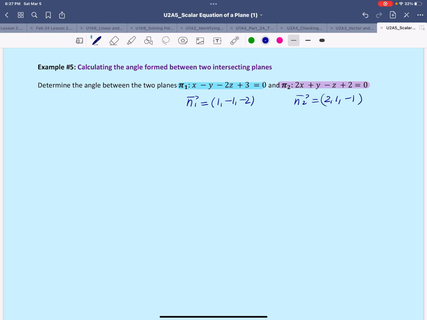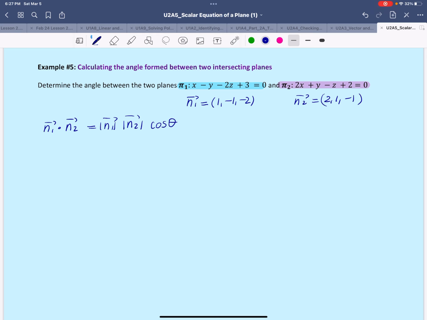We're going to say that the angle made between these two normals can be found by the dot product formula, which is magnitude of N1, magnitude of N2, and then cosine theta.